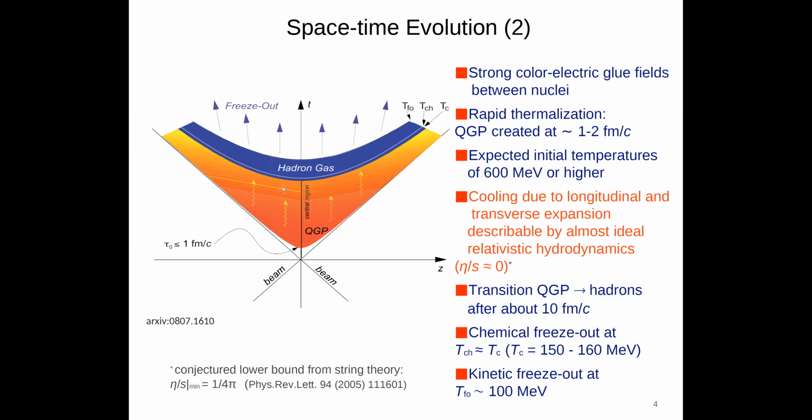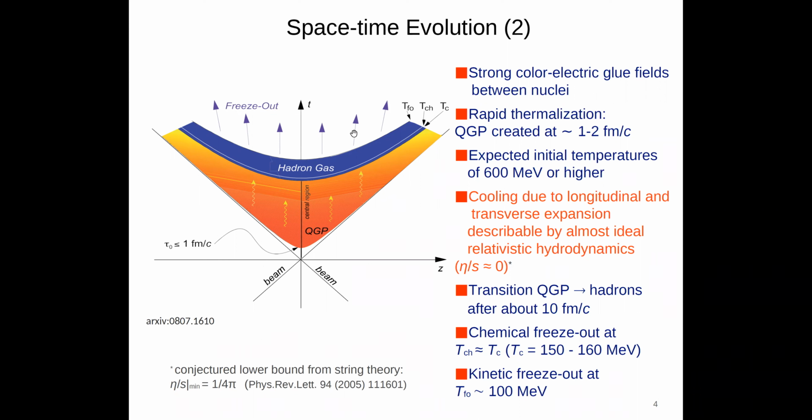The particle compositions are frozen at the point of chemical freeze-out, but particles can still scatter among themselves elastically, so that their direction or their momentum might change. As a result, it will affect your pT spectra, but not the yield of the particles. The yield of the particles gets frozen at the chemical freeze-out.